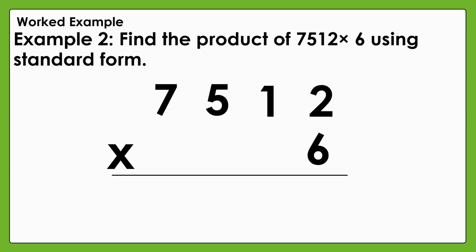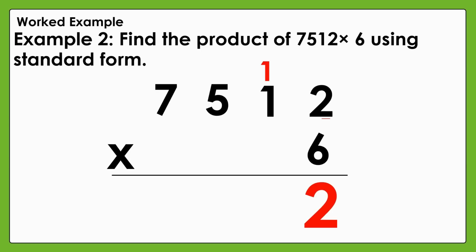Let us now find the product of 7,512 times 6. First, we have to multiply the ones place. 2 times 6 is equal to 12. So write down 2 in the ones place and carry over 1.